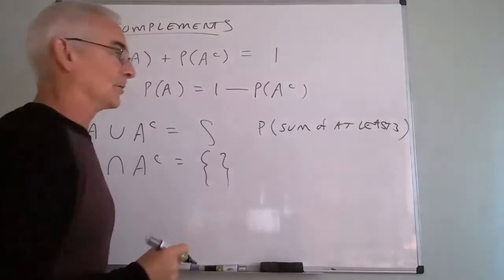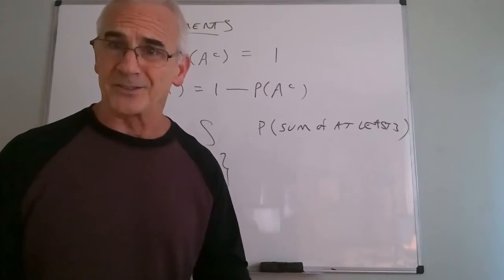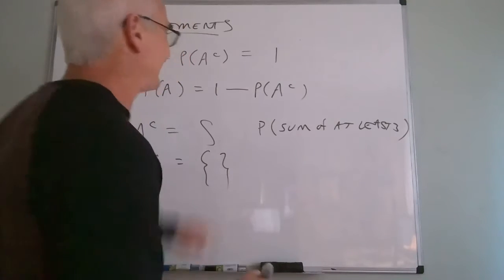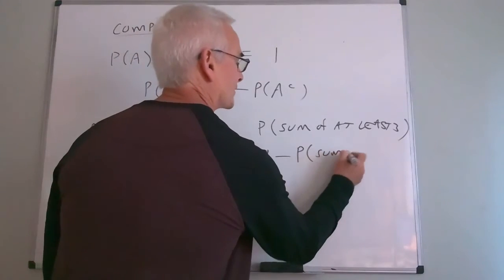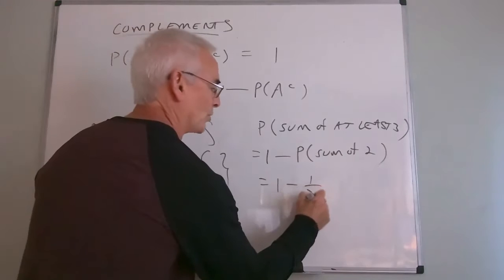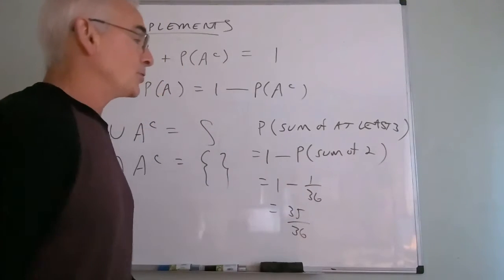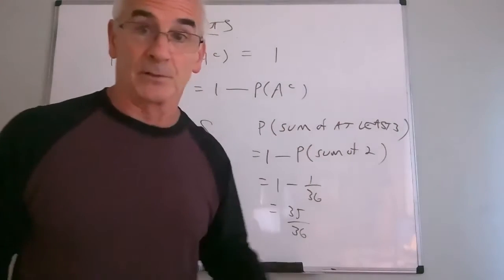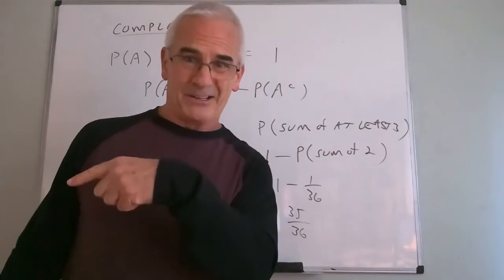That's what I just asked you. 3 or 4 or 5 or, well, if the only thing I'm excluding is a 2, this would equal 1 minus the probability of a sum of 2, which would be 1 minus 1 over 36, or 35 over 36. To calculate each of them and add them up is absolutely correct. But it was a heck of a lot easier if I just said, well, what am I not including?